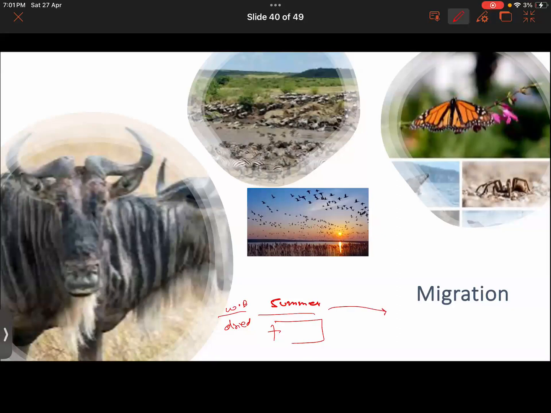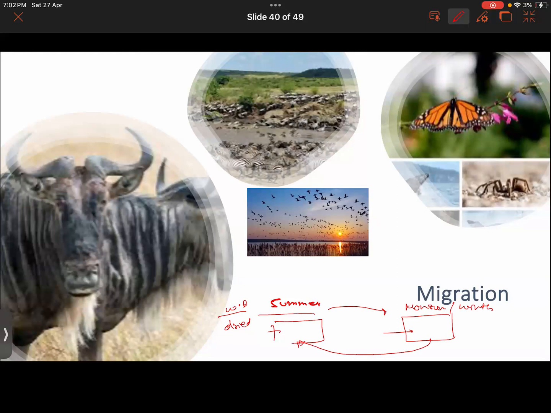So they will move on to nearby places where it is, let's say, monsoon or winter. They would have access to water in those areas. Once winter is over in their original area, they return to their original place.